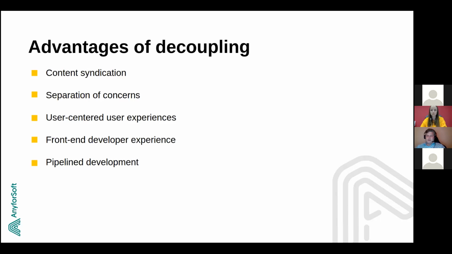Then let's talk about user-centered user experience. As you know, in Drupal, user experience is not really the most powerful thing. But when we are using a decoupled system, we can do with user experience as we wish, because we can provide any type of interface.